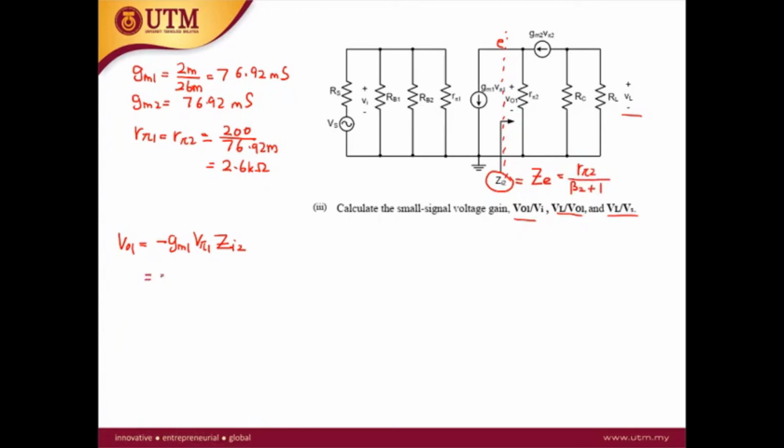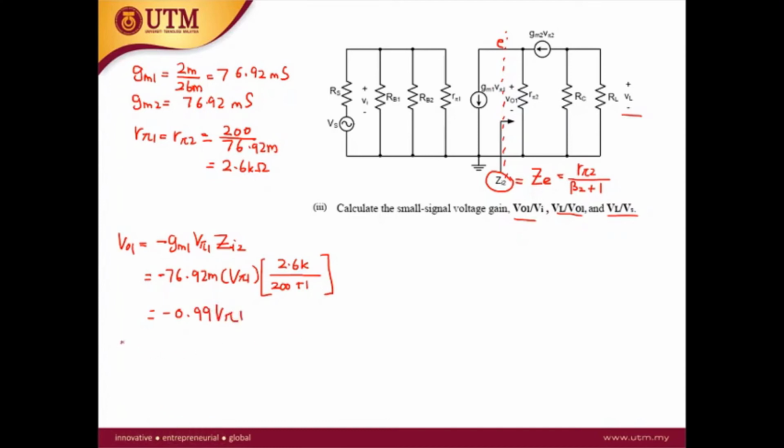So this is minus GM1, minus 76.92 milli V pi 1, times ZI2, which is R pi 2, 2.6K, over beta 2, 200 plus 1. So this will give minus 0.99 V pi 1.